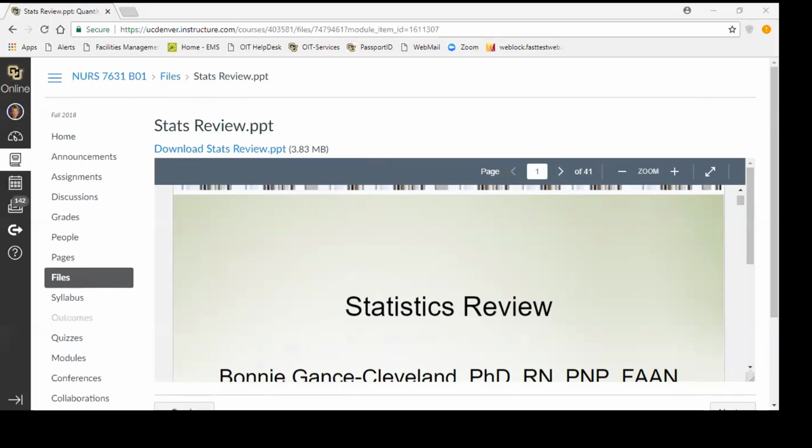So you want to use the highest level of data possible to collect and the highest level of analysis that's possible, just because it makes your results more credible. But sometimes you can't. There are some things that are only categorical, the males and females. That's just the way it is.